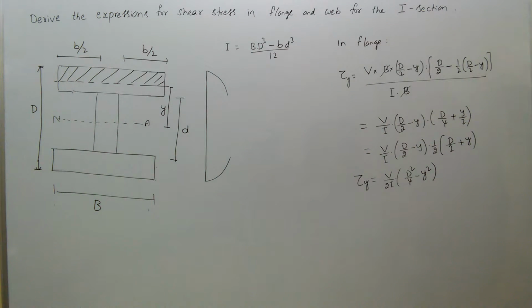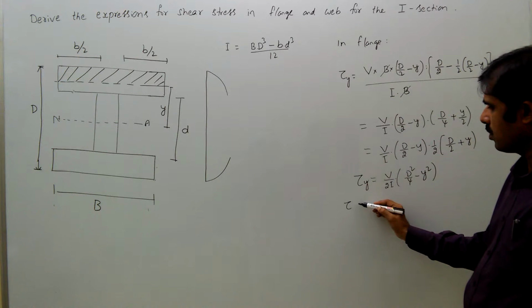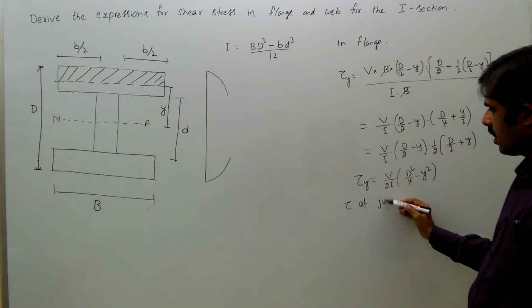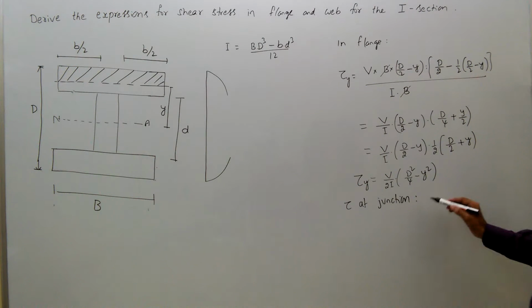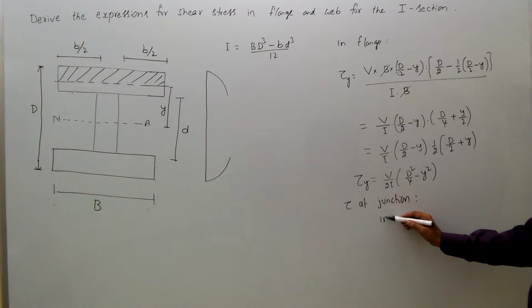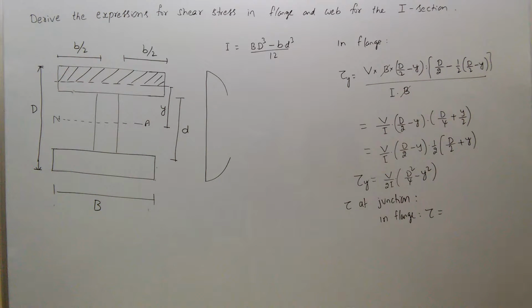Then at the junction, shear stress at the junction in flange, tau equal to, that means y is small d by 2.